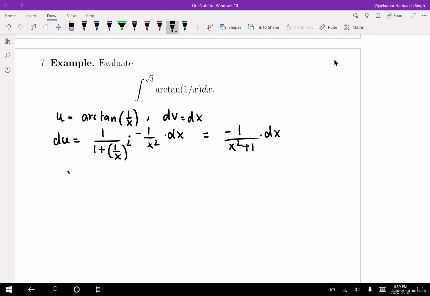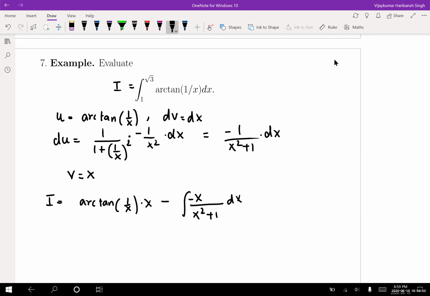Your dv gives you v, which is simply x. So let's call this I. So I is going to be uv, which is u, arctan of 1 over x, times v, which is x, minus the integration of v, which is x, times du, which is 1 over x squared plus 1 dx, with a minus sign.